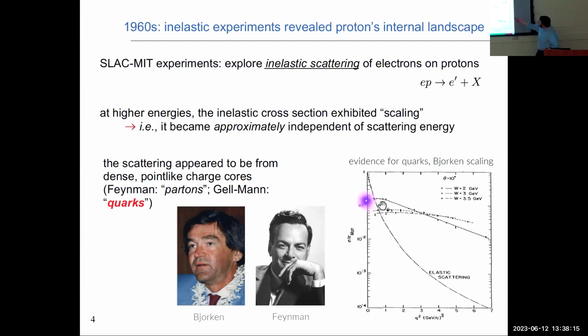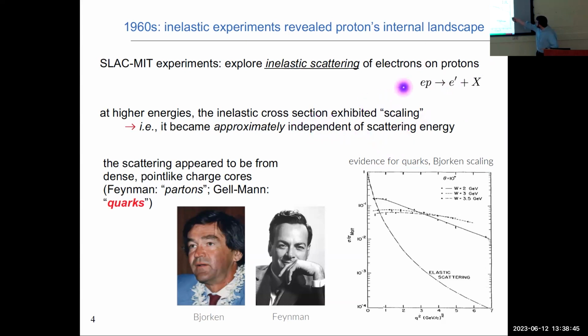The way that's done, as I think many of you appreciate from former lectures in this meeting, was through inelastic scattering, where you no longer recover the proton in the final state, but just pay attention to the final state scattered lepton, the electron in this case. What was found in these measurements is that you don't have an indefinite decay of these cross sections, but in fact a stabilization and an approximate scale independence.